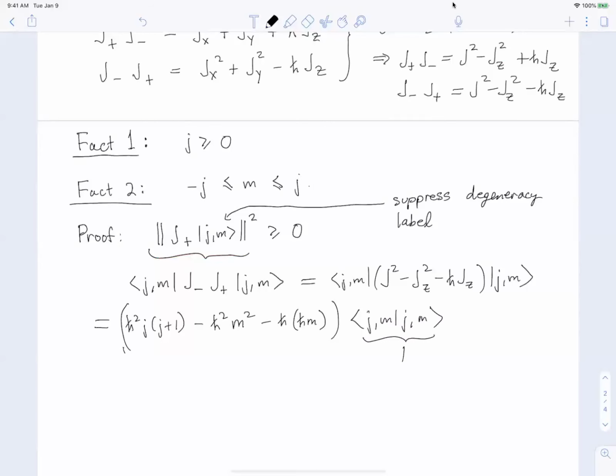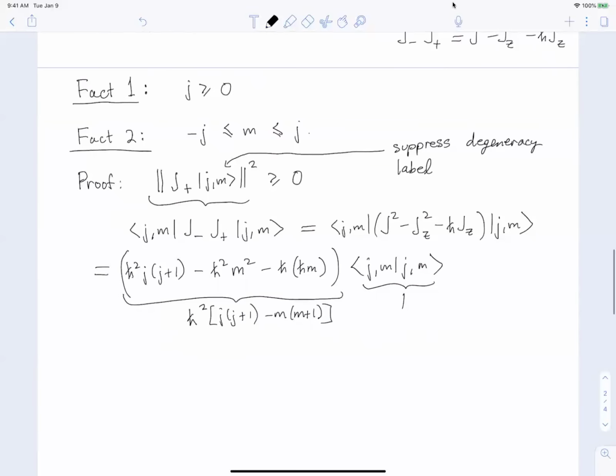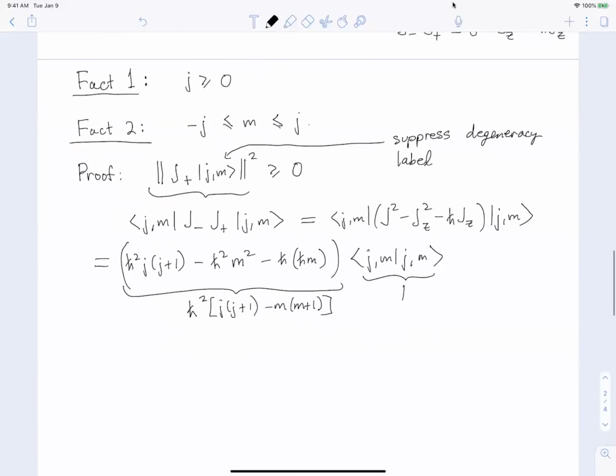Okay, and this expression in parentheses we can simplify as h bar squared times j times j plus 1 minus m times m plus 1. There's a common factor of h bar squared that we can pull out, but what we've learned is that j times j plus 1 minus m times m plus 1 has to be greater than or equal to 0.